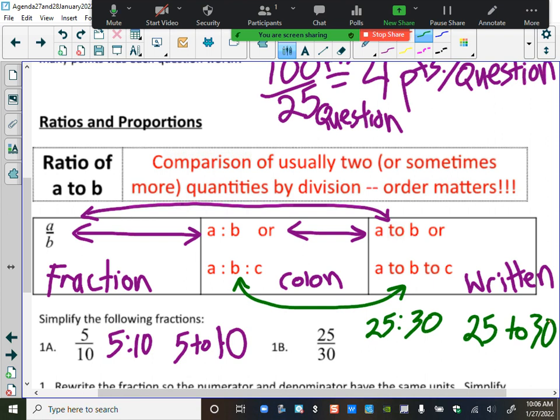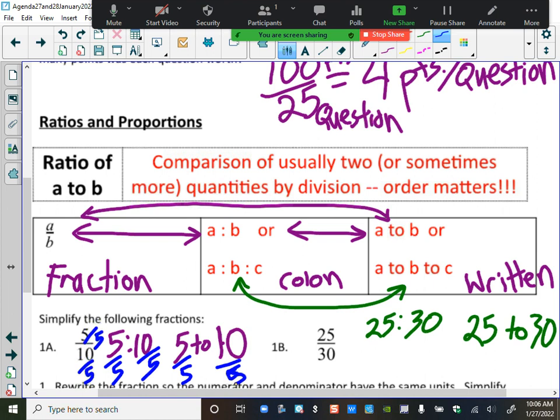Now, I know where you got the 1 and the 2 from, because what happened was, divide by 5. You can do the same thing here. 5 over 5, 10 over 5. If we simplify 5 over 10, if we divide both the top and the bottom by 5, what will we get?